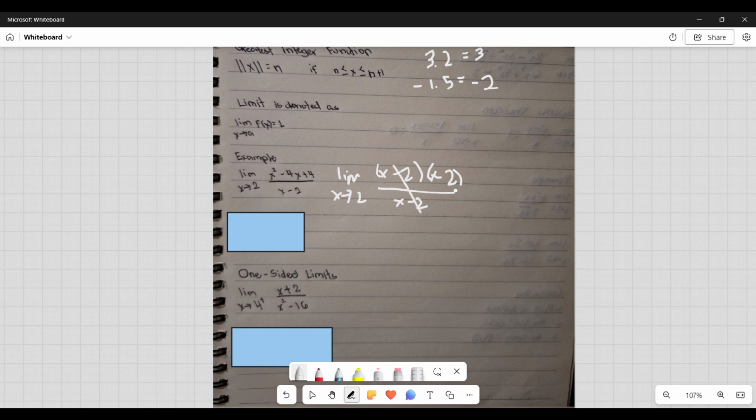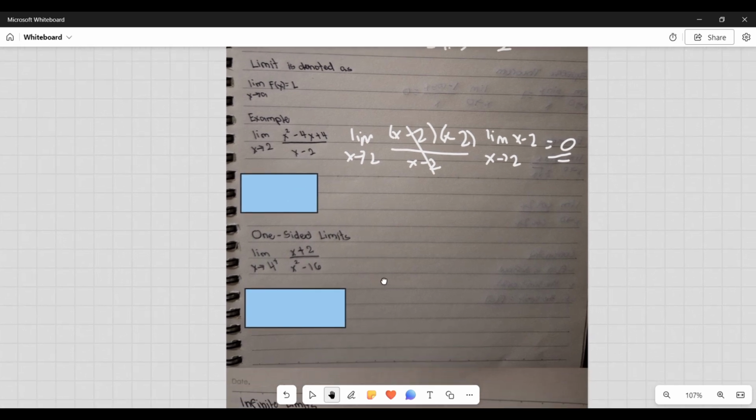So we can cancel this, and what's left is the limit of x minus 2 as x approaches 2. Now we can directly substitute and it will just result in 0. So the limit of the problem is 0.